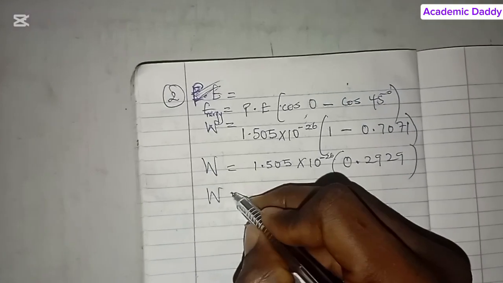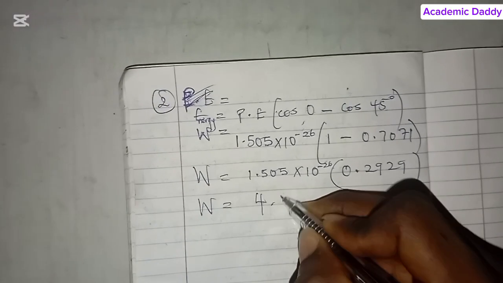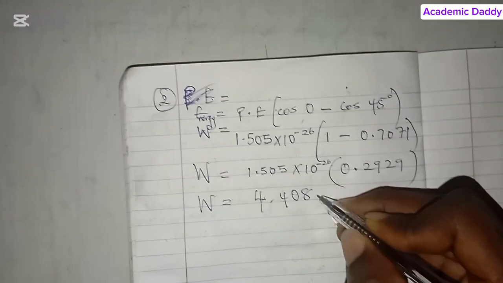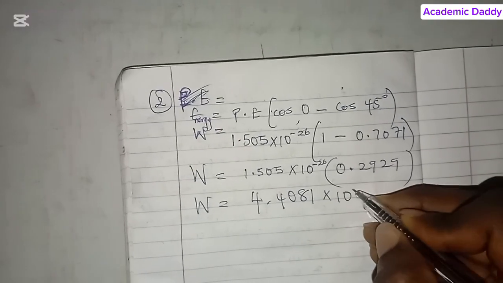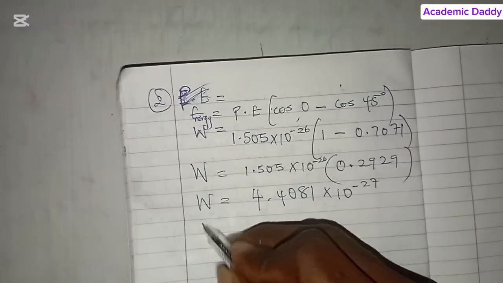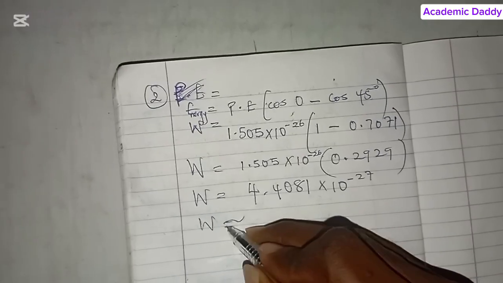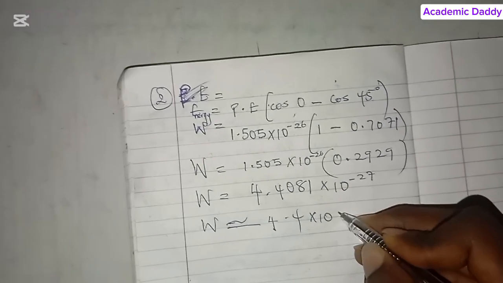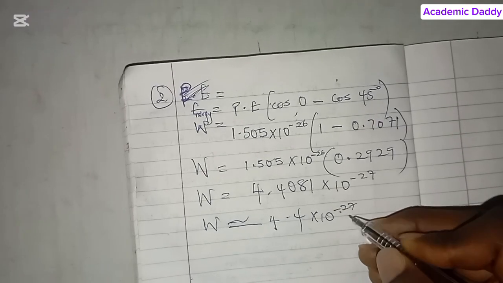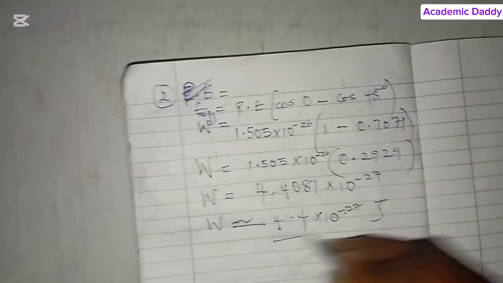It will give you work equals to 4.4081 times 10 raised to power minus 27, or work approximately 4.4 times 10 raised to power minus 27 joules.